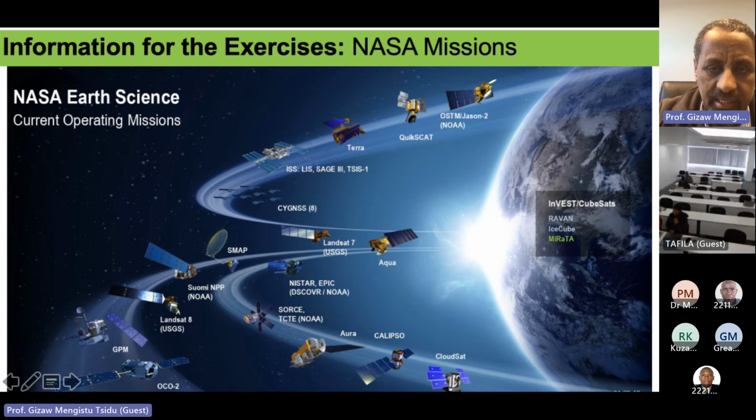So there are different satellite missions here. For instance, SMAP is a soil moisture satellite, which measures soil moisture. Landsat measures land surface signals, anything that provides a signature to satellites. Landsat has different spectral bands, and the things available on the ground have different signatures.